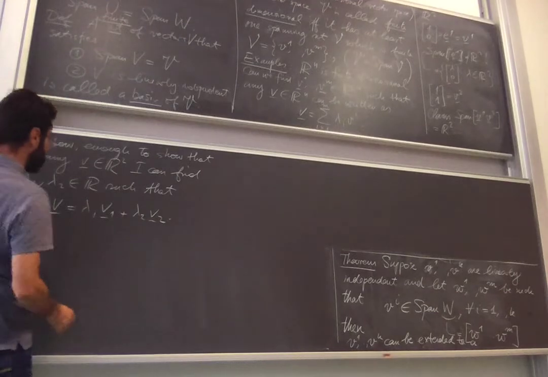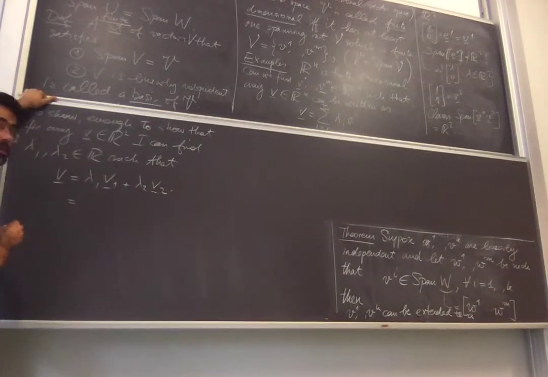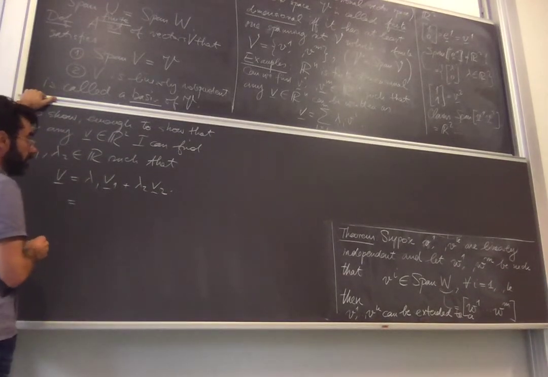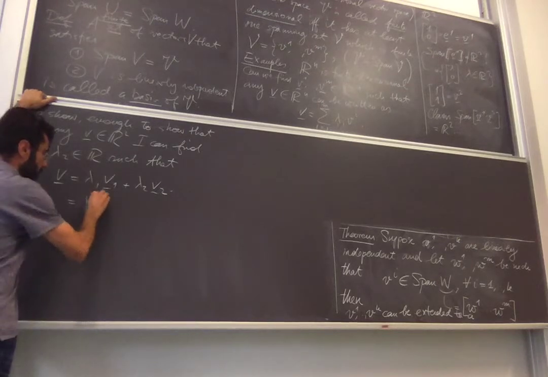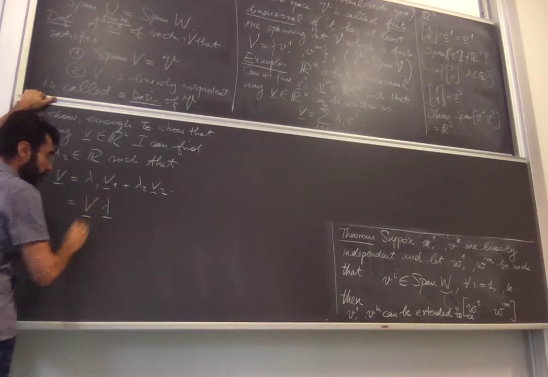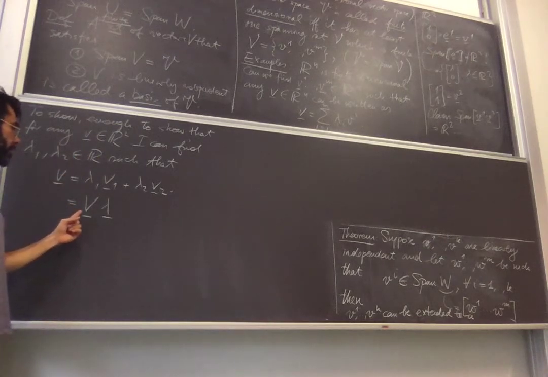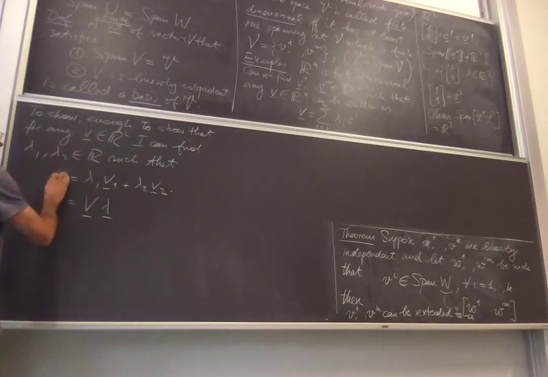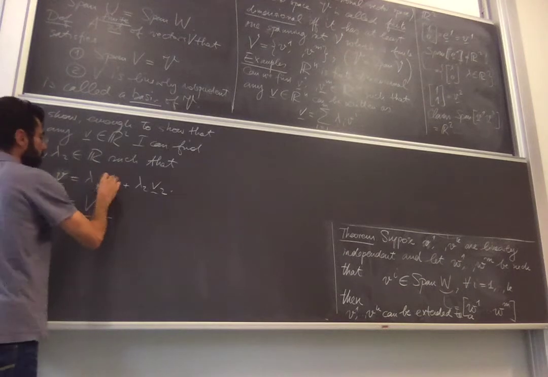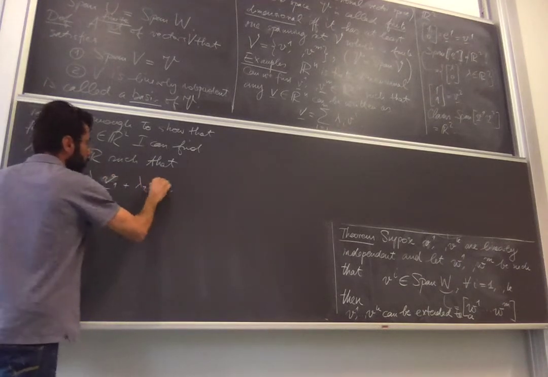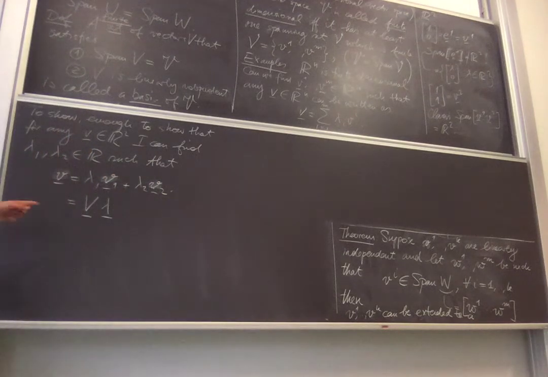I'm just going to translate this into matrix-vector notation. It means that for some vector lambda in R2, I can show that capital V lambda equals little v. I write little v's and capital V so I can distinguish them on the board. So can I find lambda 1, lambda 2 in R such that this is true?